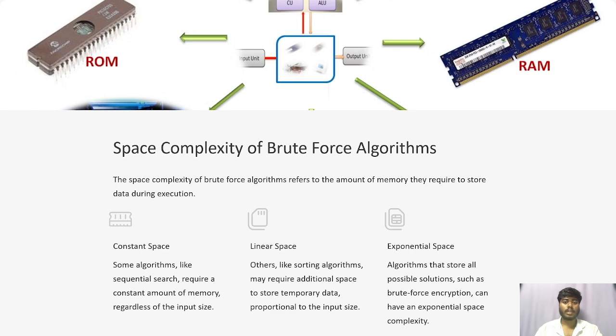On the other hand, sorting algorithms may require additional space to store temporary data proportional to the input size. Exponential space. Algorithms that store all possible solutions, such as brute force encryption, can have an exponential space complexity.